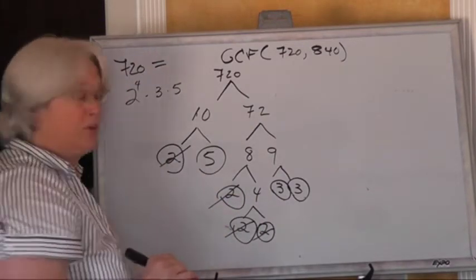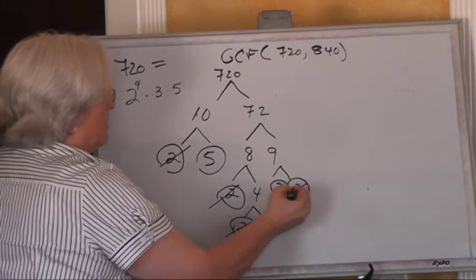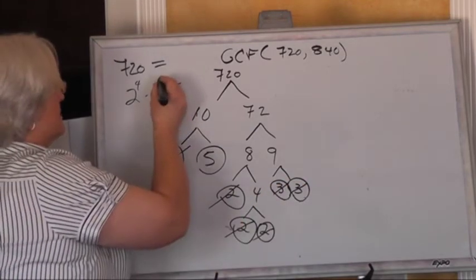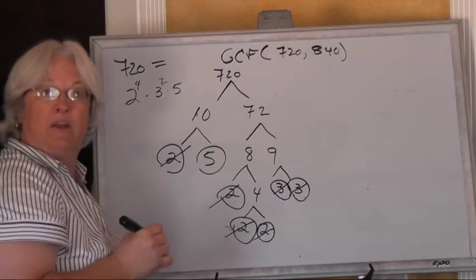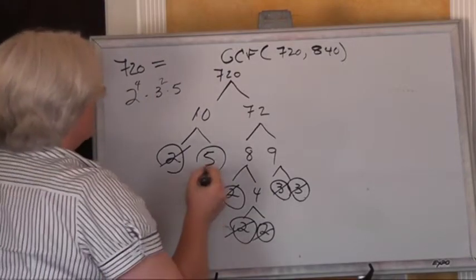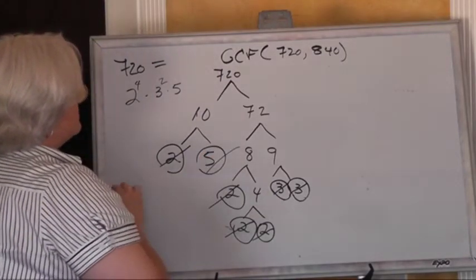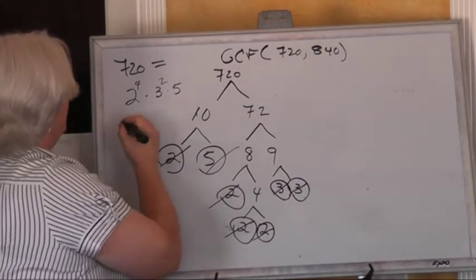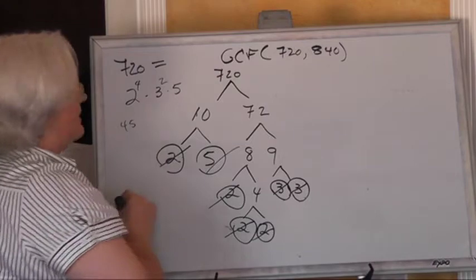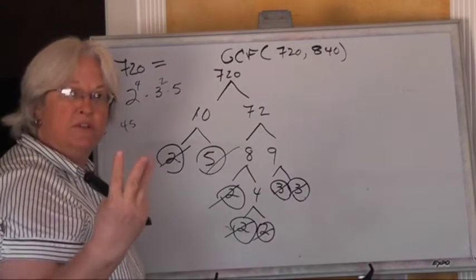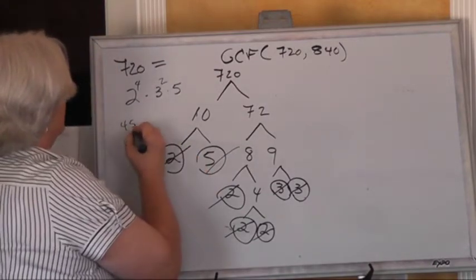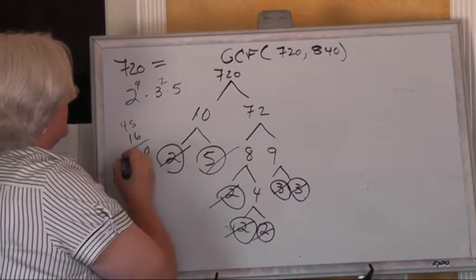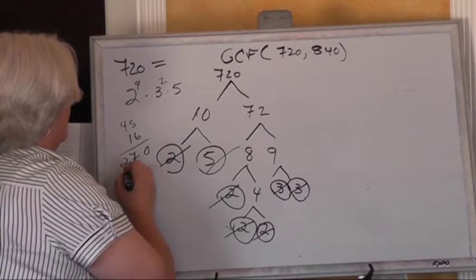How many times is 3 used as a factor? Twice, times 3 squared. How many times is 5 used as a factor? Just once. So I have 9 times 5 is 45. 45 times 2 times 2 is 4 times 2 is 8 times 2 is 16. 45 times 16 is 720.